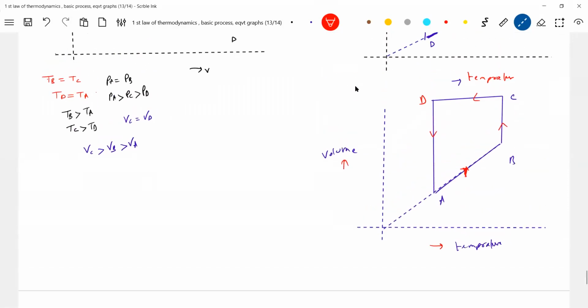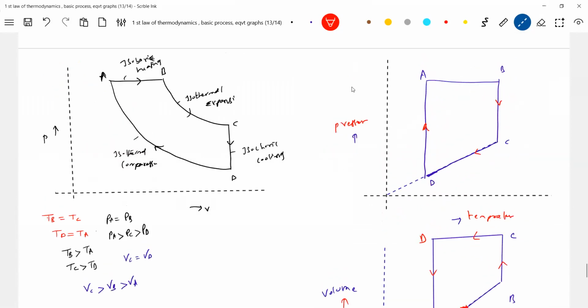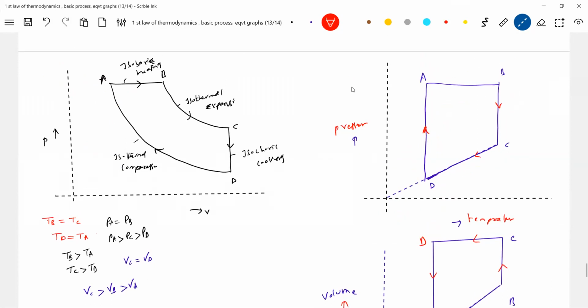D and origin. What is that D and origin? Where am I joining D and origin? And what is DA? D and A, no, I'm not joining D to the origin. Look at CD: it's a straight line passing through the origin. What is the path CD?